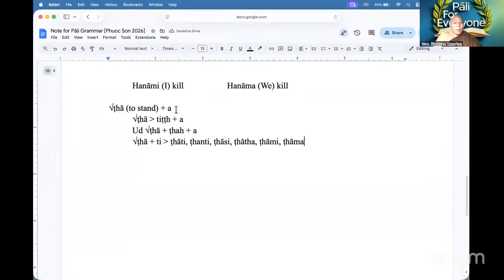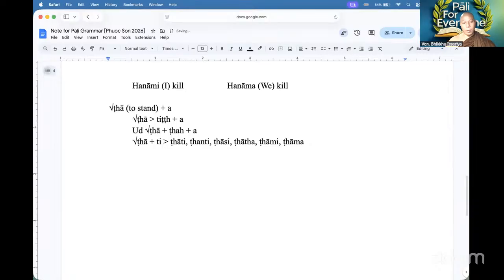So if we use the conjugation sign, the first change is to thādi, the second change is to thaha, but that thaha is with a prefix. But without using the sign, thā itself can also be used directly like thādi, thāndi, thāsi, thāmi, thāma. The same meaning: he stands, they stand, you stand, I stand, we stand.